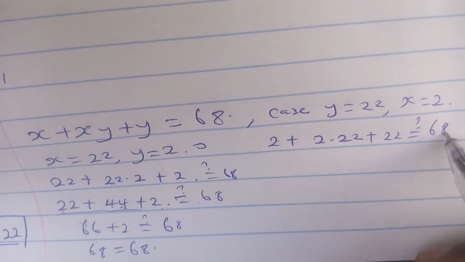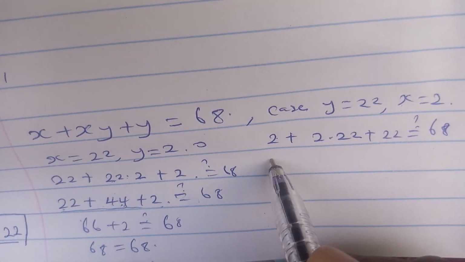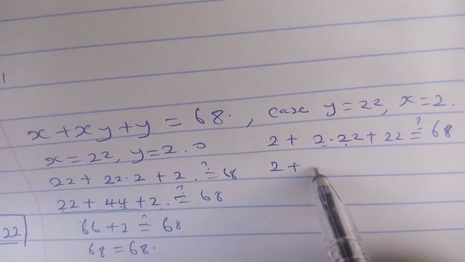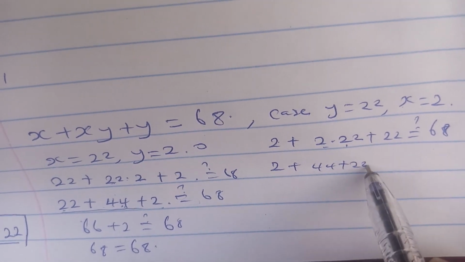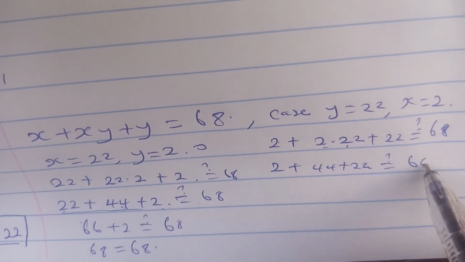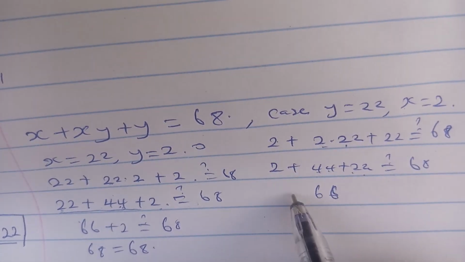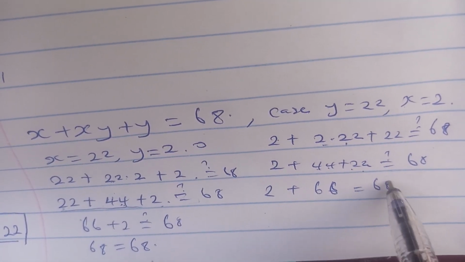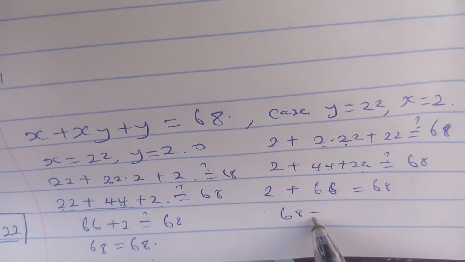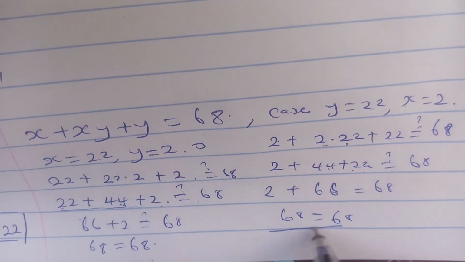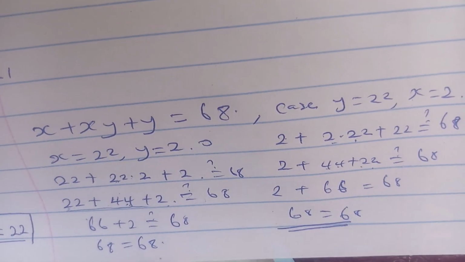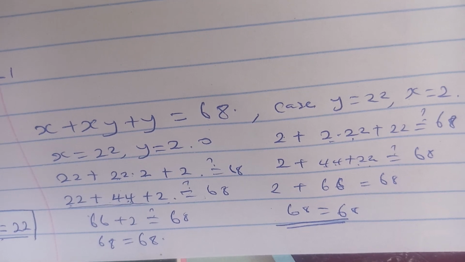We have 2 here plus this times this, which gives us 44, plus 22 gives 66, plus 2. So we have 68 equals 68. So the values of x and y in both case 1 and case 2 are correct.